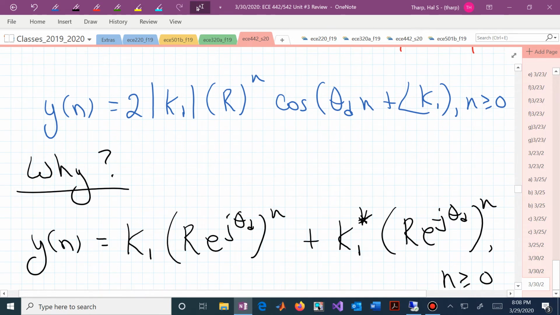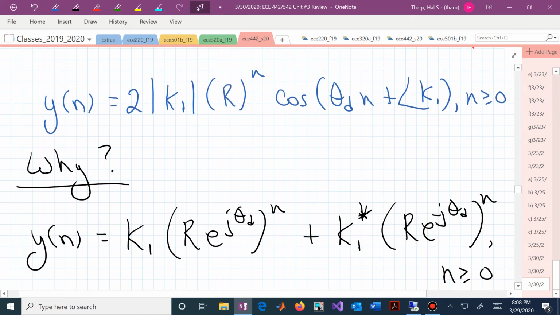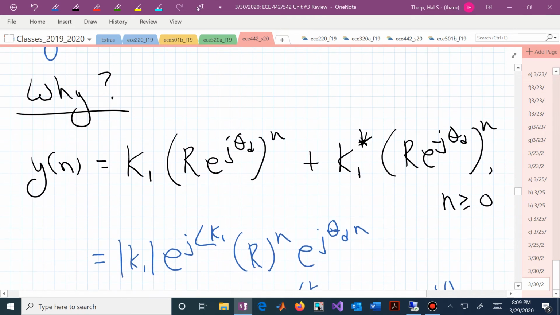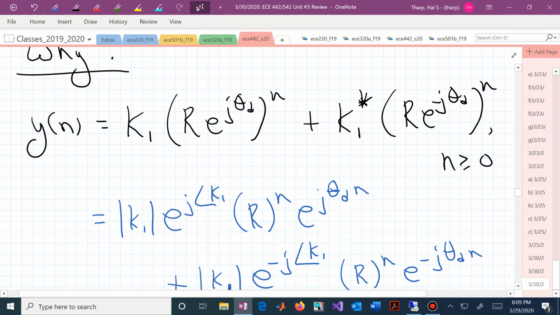Y of n is now, if you inverse z transform those two terms, you would have K1 times the root raised to the nth power plus K1 conjugate, that's the partial fraction expansion coefficient, times the root raised to the nth power. What does that produce? Well, the first piece, K1, remember, is complex.